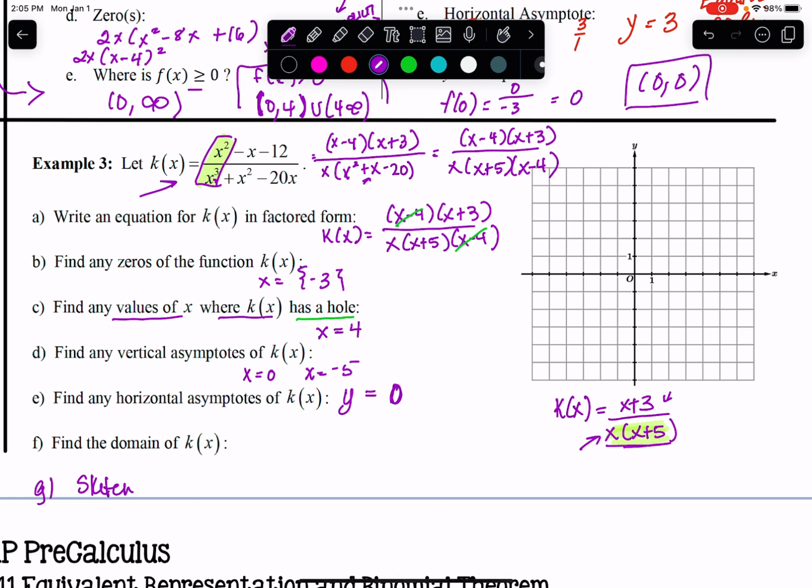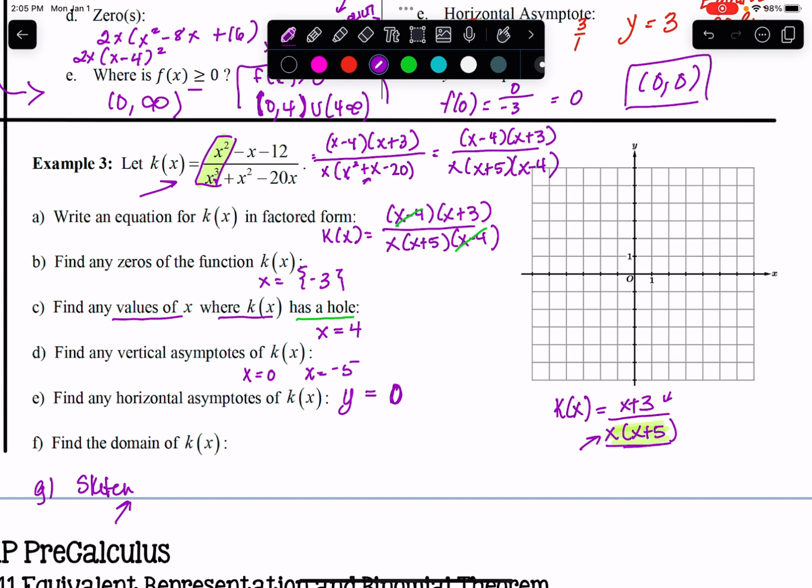Now, find the domain of k of x. Before I find the domain, I am going to sketch it because it's so much easier to report the domain after you've sketched the graph. So we're going to use what we have to sketch this graph.